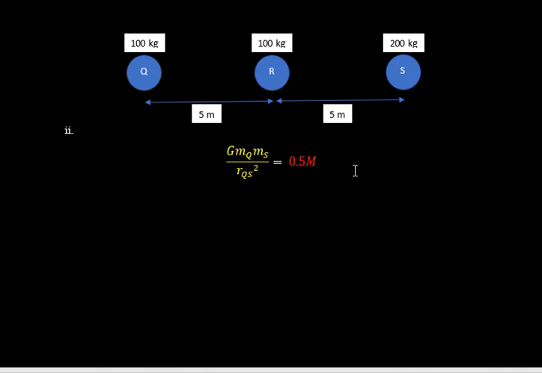If we interpret it, let's say, just like before, the gravitational force between Q and R is 5. So the gravitational force between Q and S will be 2.5. Why is it smaller? Because the distance between Q and S is 2 times greater compared to Q and R.